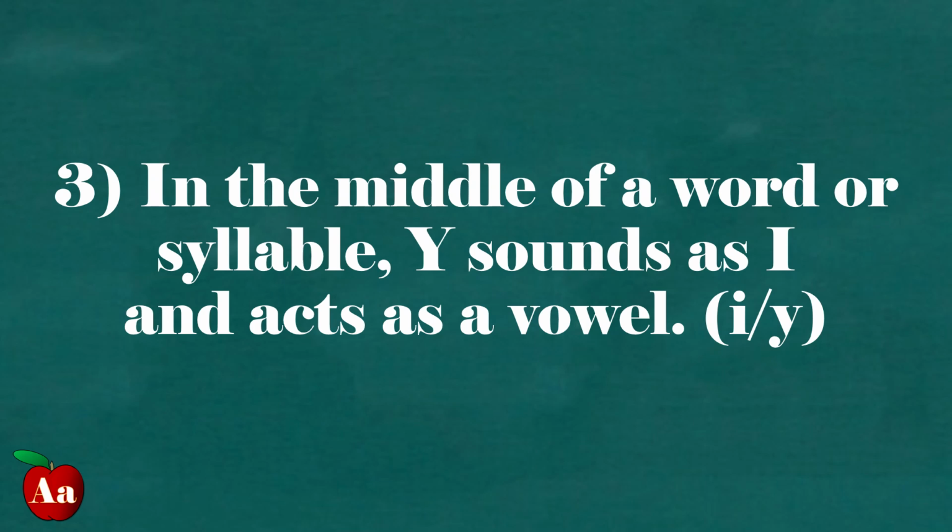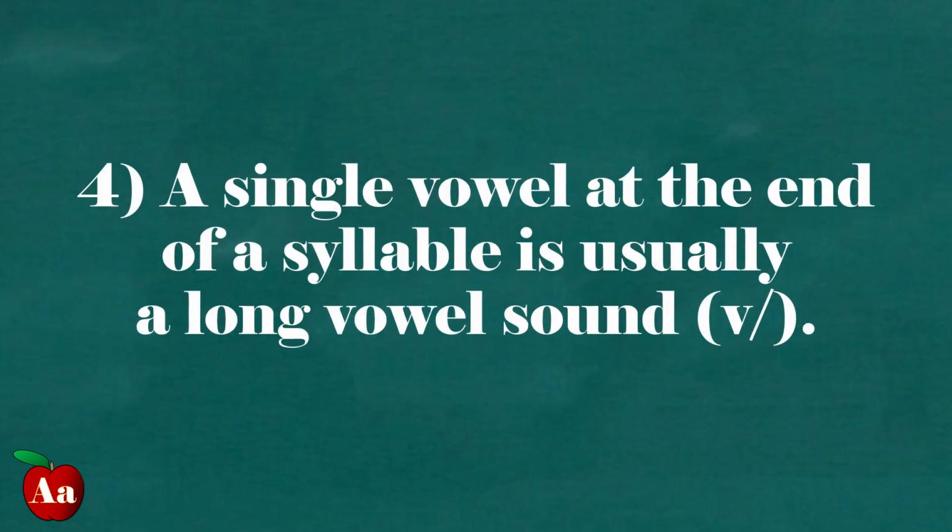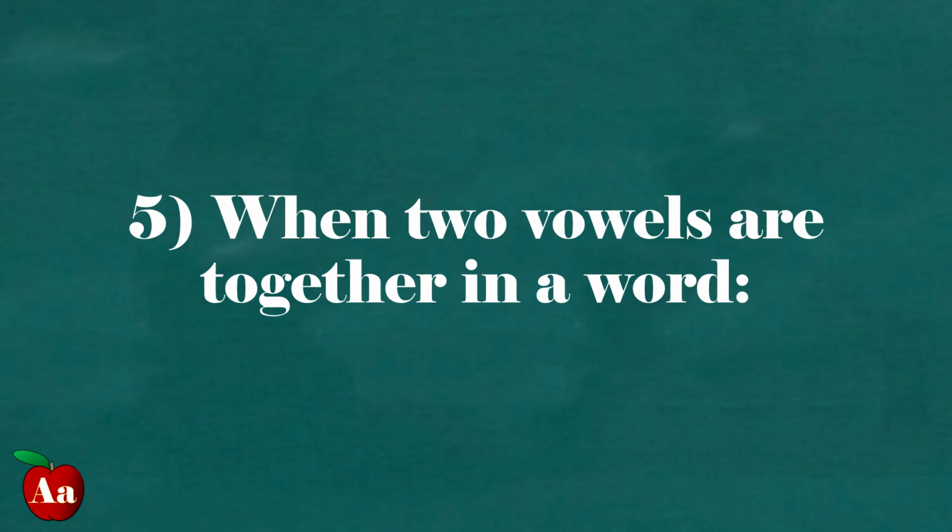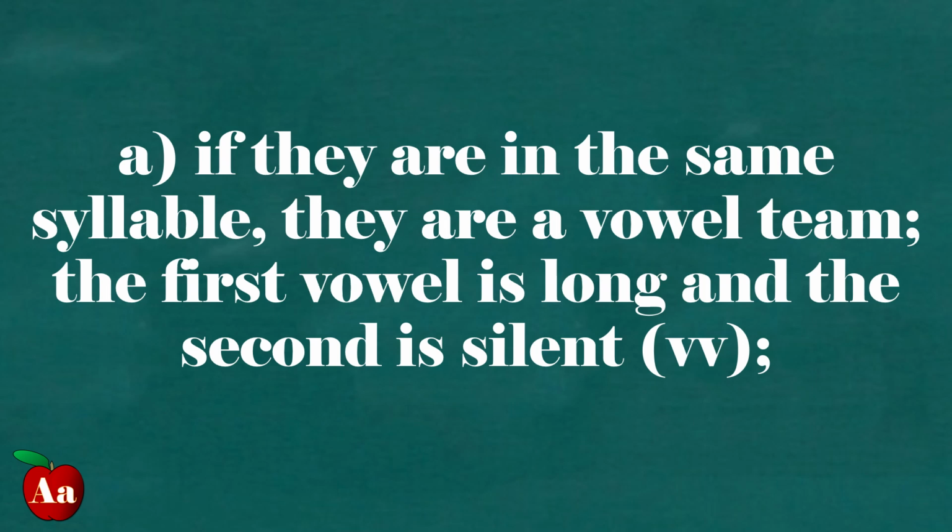Number 3, in the middle of a word or syllable, Y sounds as I and acts as a vowel. Number 4, a single vowel at the end of a syllable is usually a long vowel sound. Number 5, when two vowels are together in a word, A, if they are in the same syllable, they are a vowel team.